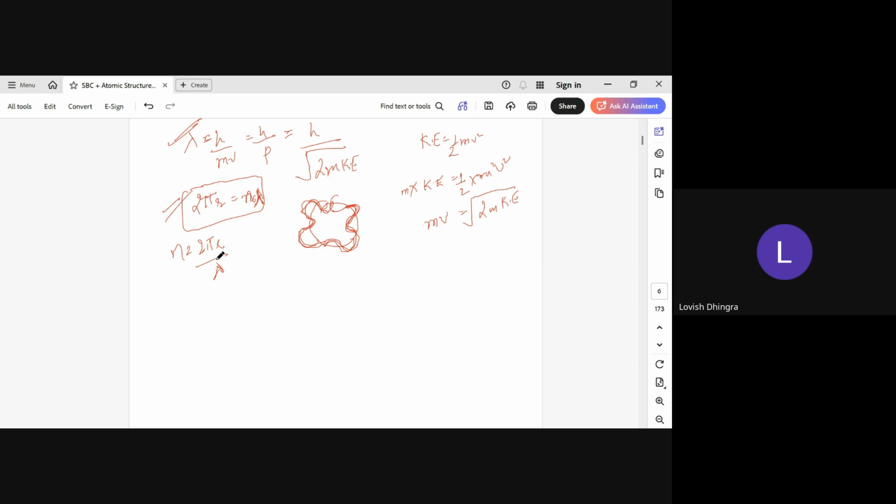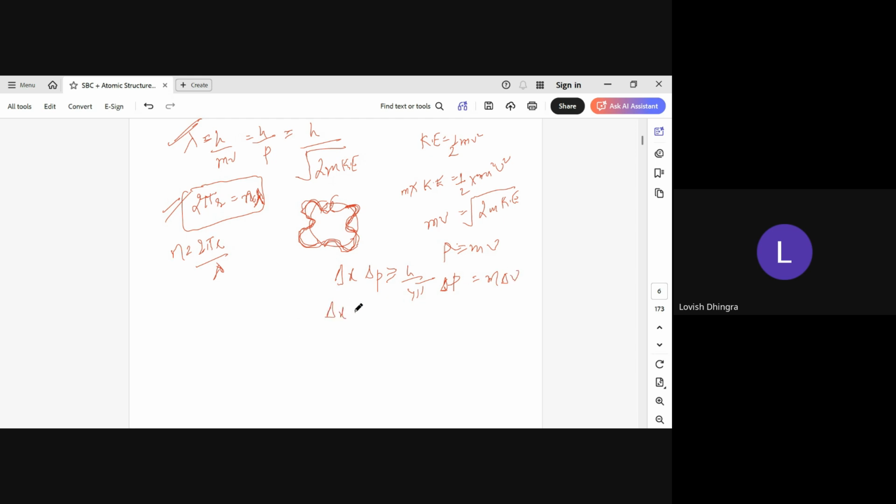You can calculate it: the relation is delta x into delta p is greater than or equal to h upon 4 pi. We know that p is equal to m into v. Delta p means change in momentum, which can be written as mass into velocity.